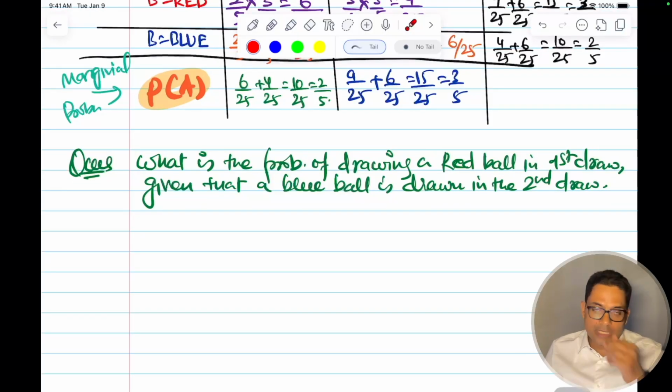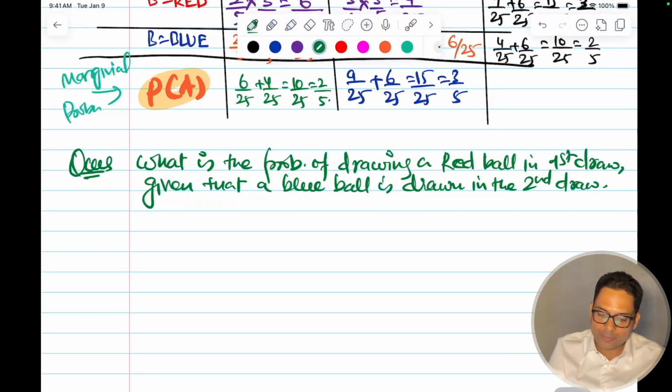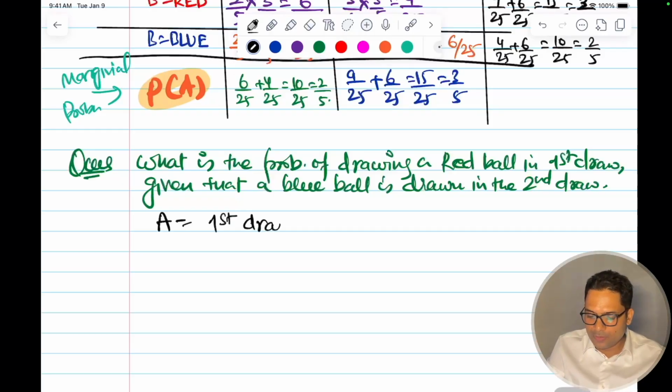Let's solve this. Same example, just some manipulations here. Let's redefine this. A is the first draw from the first bag, a red ball. And B is for the second draw, and this is a blue ball.